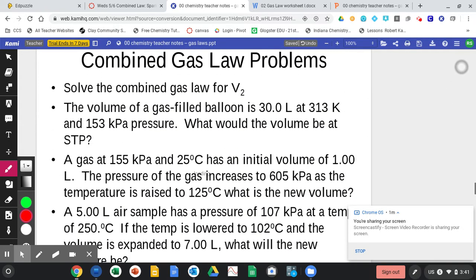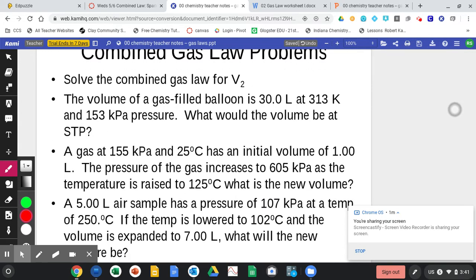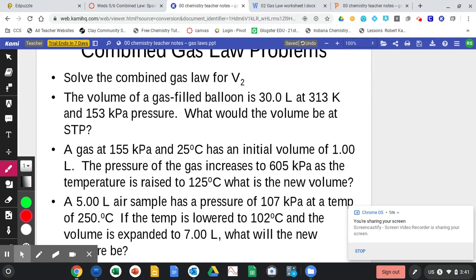Combined gas law problems. So you're actually asked to go ahead and solve the combined gas law for V2, because that's a lot of times what you're after in these problems. And so let's take a look at how we would go about solving for this guy right here. Well, I would multiply both sides by T2 all over P2, so these guys would cancel.